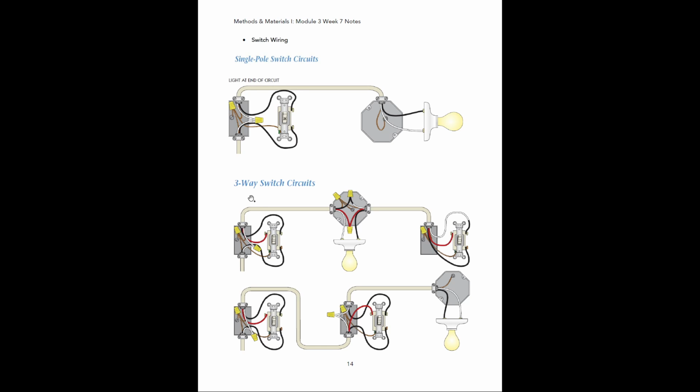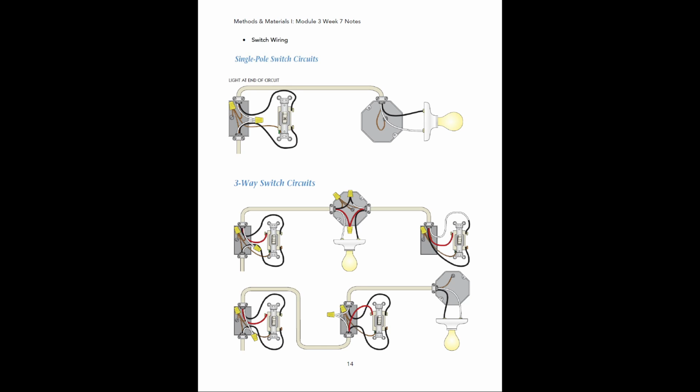A three-way light circuit is going to be a light fixture that is controlled by two individual switches. For example, maybe at your house you have a stairwell like I do, and at the bottom of the stairwell I have a light switch that controls a light on my landing, but then at the top of the stairwell I have another light switch that controls that same light.